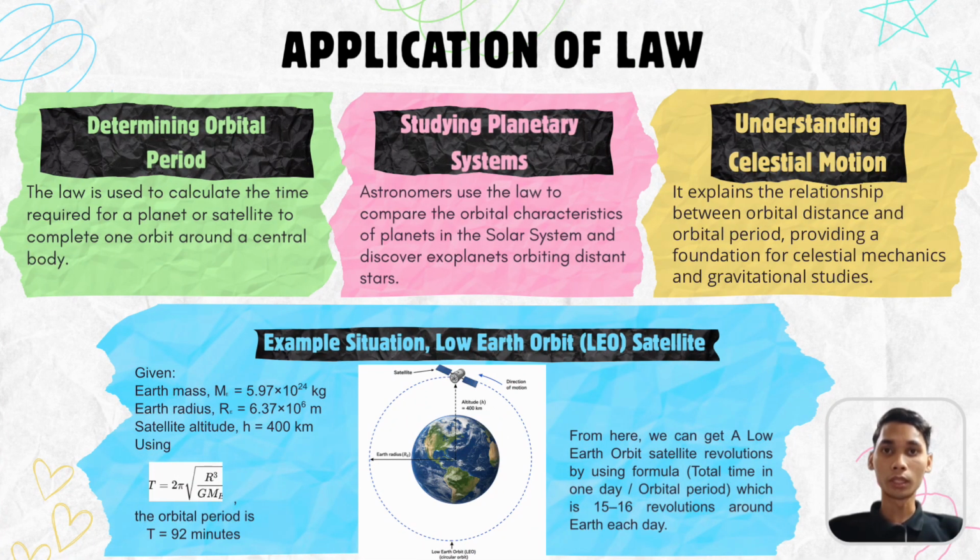Application of the law. Determining orbital period: the law is used to calculate the time required for a planet or satellite to complete one orbit around a central body. Studying planetary systems: astronomers use the law to compare the orbital characteristics of planets in the solar system and to discover exoplanets orbiting distant stars.